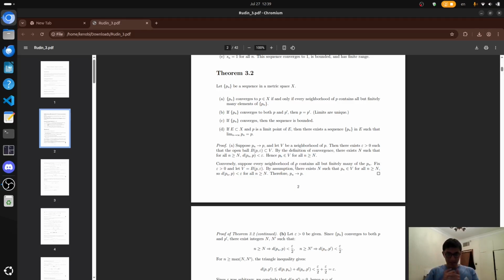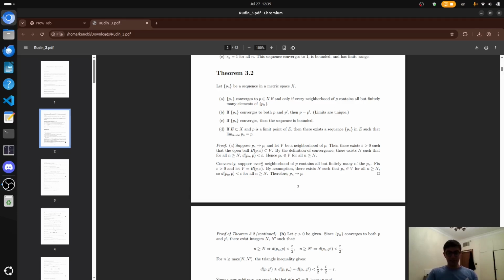You're taking the limit's definition and you're also taking the neighborhood or the open ball definition and you're relating them to each other, because for the limit, the absolute value is less than epsilon and you can take that to be some sort of open ball. And conversely, you're just backtracking, doing the same kind of logic.